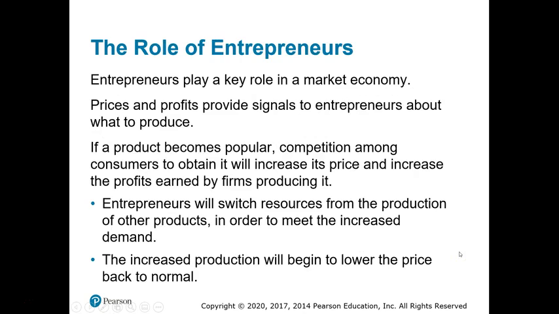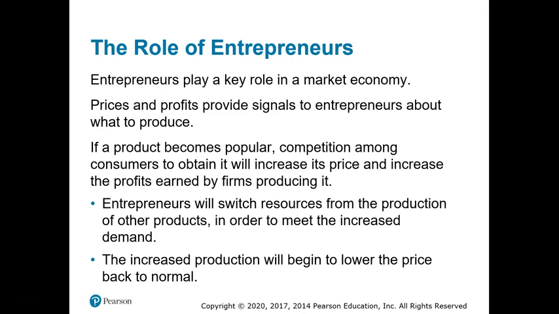They play a key role in the market, where prices and profits give us signals about what needs to be produced. If a product becomes extremely popular, competition among consumers affects the price. If we provide more, then we make profit. However, if people don't want it, the price goes down, and we need to back off on our production.